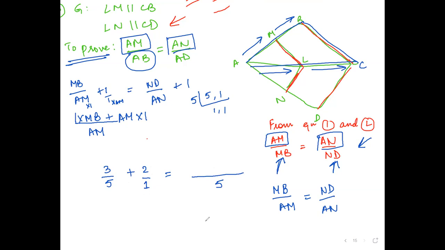Okay. Now how do we write it? We see how many times this LCM is going into the denominator. 5 into 1 is 5, right? So this 1 will be multiplied with the numerator, so it will be 1 into 3. Clear? Plus.